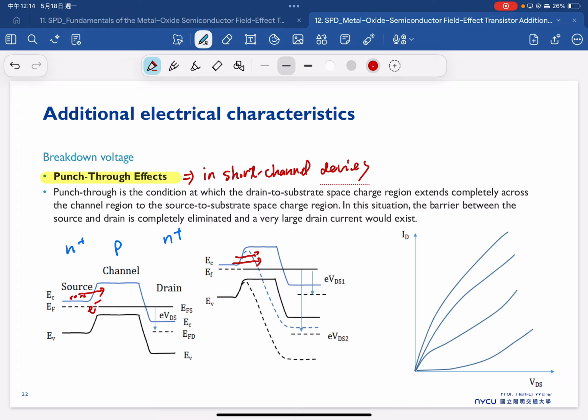So the electron more easily jumps across this barrier. This is the consideration of a large drain bias.